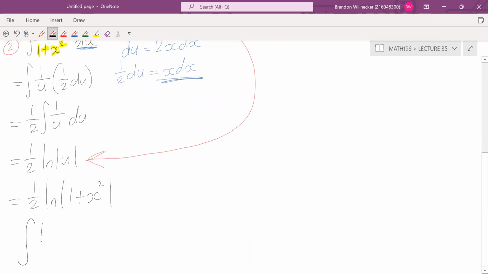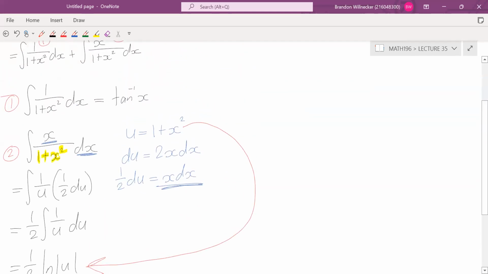So the integral of 1 plus x over 1 plus x squared is going to be that first part plus the second part. The first part was inverse tan of x.